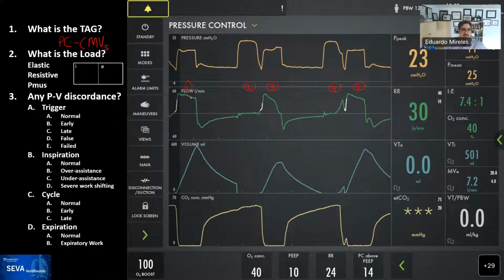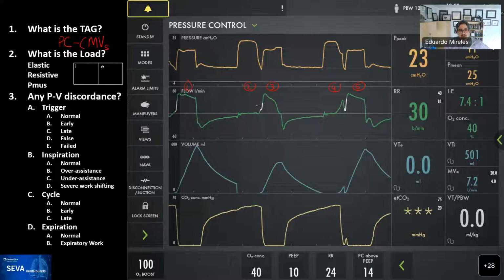If you look at the flow of breath 1, breath 3, and breath 5, in which there's actually flow, and in breath 2 and breath 4, there's minimal flow, you can see that they're all different. There are some differences there that are telling us there's a presence of PMUS.